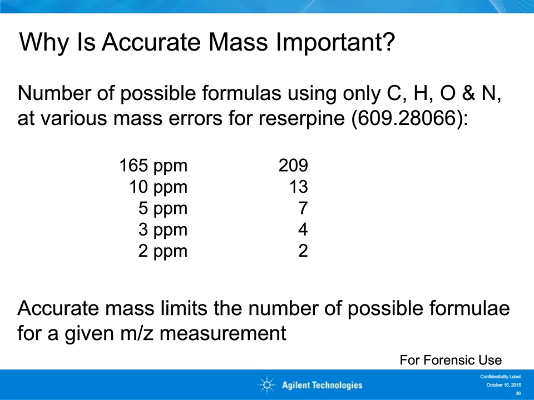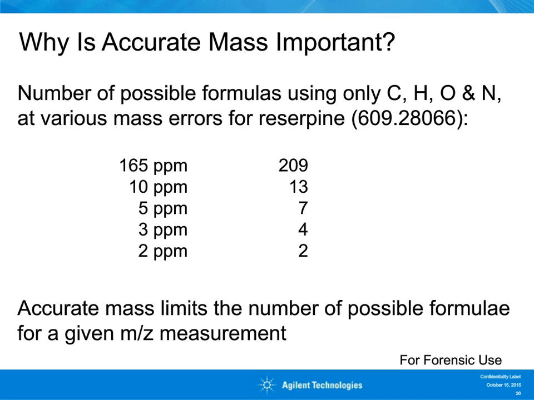So that gives you quite a vast universe to work with. However, if you improve your mass accuracy, if you're able to make measurements with a mass accuracy down to 10 parts per million, now there are only 13 compounds that have a molecular formula that can be attributed to a compound of mass 609.2.